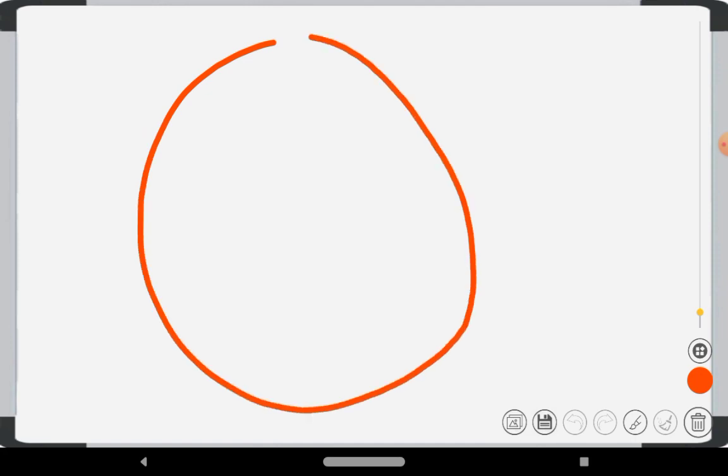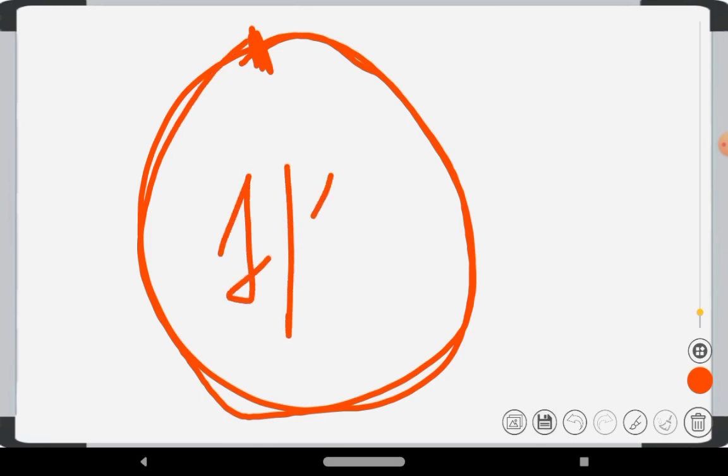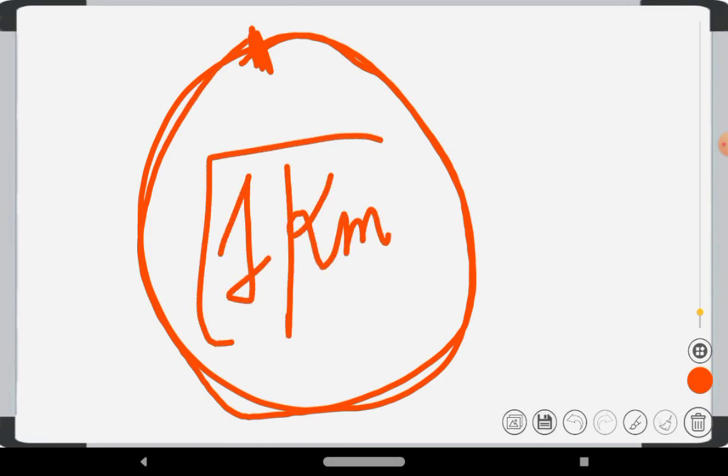For example, it is a circle. I start from here, run all the way along the circle, travel 1 kilometer, and after traveling 1 kilometer I am back at the point. So what is the displacement here?